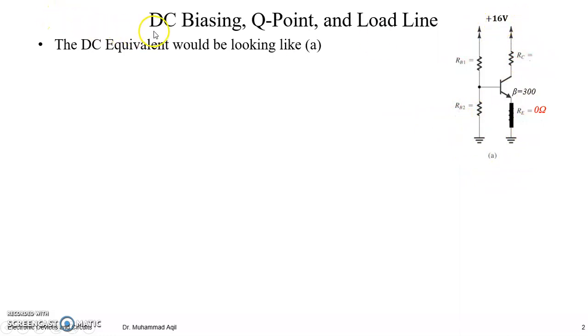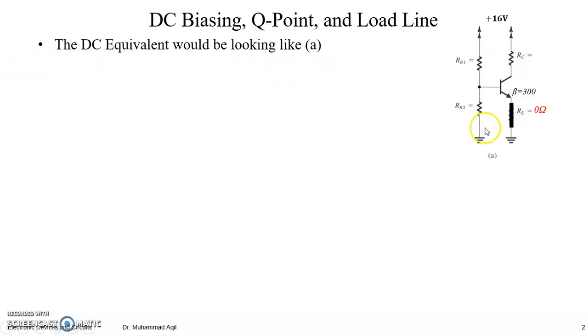At this time we are actually going to bias the DC supply for this circuit. Last time we were given these values and we analyzed the circuit to find its operating point. But now we are going to decide the biasing, the Q point and the load line, and from that load line we will find these resistances.